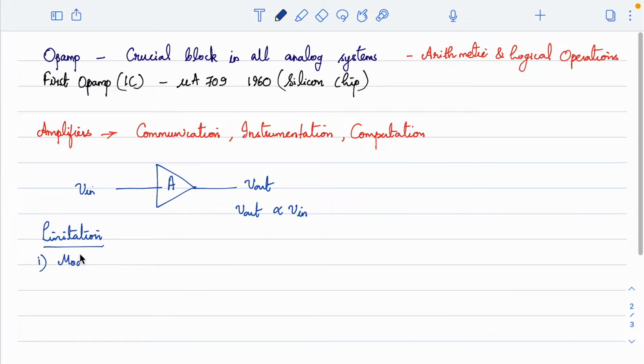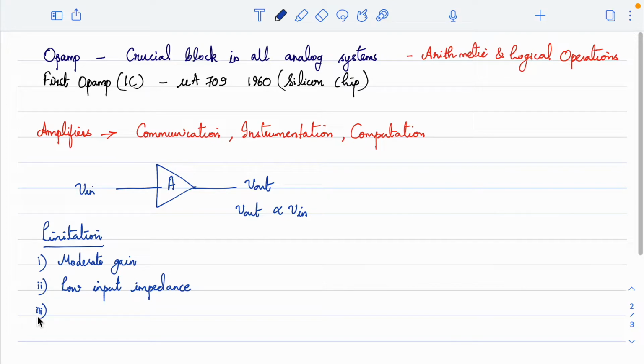The availability of gain is not that high in regular amplifiers. That is one of the limitations of an amplifier. We'll say moderate gain. Another limitation is low input impedance. We always look for high input impedance, but the input impedance will not be that high in regular amplifiers.